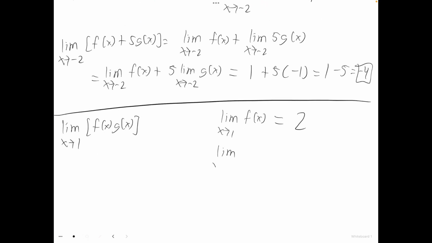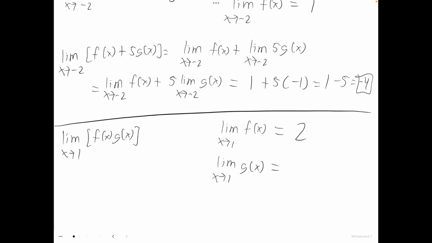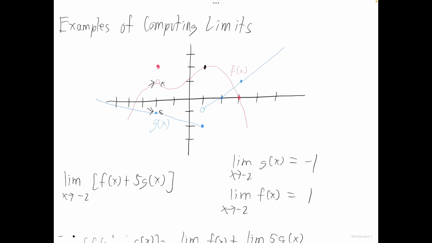And then the limit as x goes to 1 of g of x. Looking on our graph, we see that if we approach from the left, g of x, we get negative 2. But if we approach from the right, we get negative 1. So in this limit, we get different things for the left hand and the right hand side.